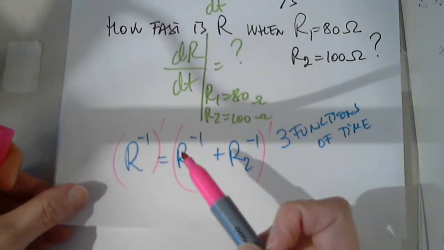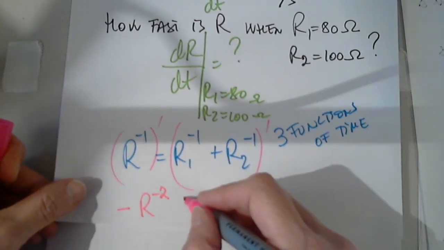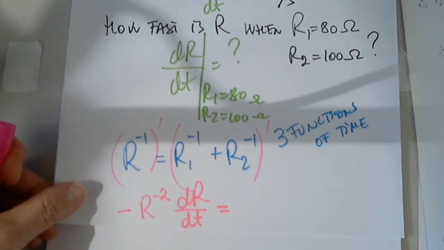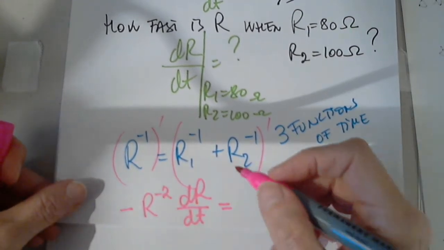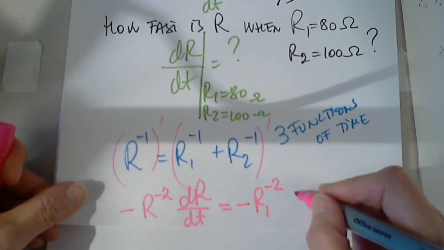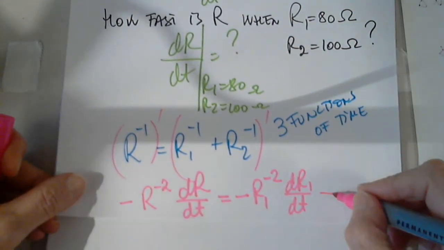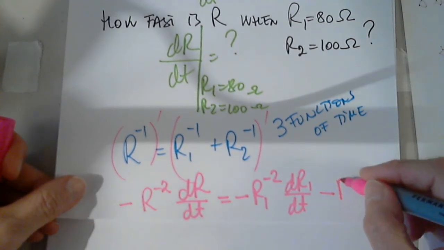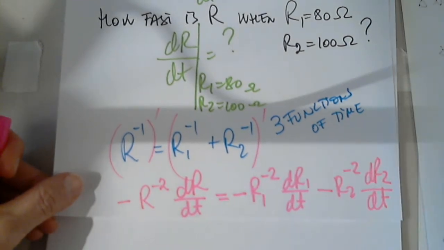And let's see what we get. We bring down -1, we subtract 1 from the power, times the inner function prime, equals: we bring down -1, we subtract 1 from the power, and dR1 over dt times the inner function prime, minus, bring down -1, subtract 1 from the power times dR2 over dt.